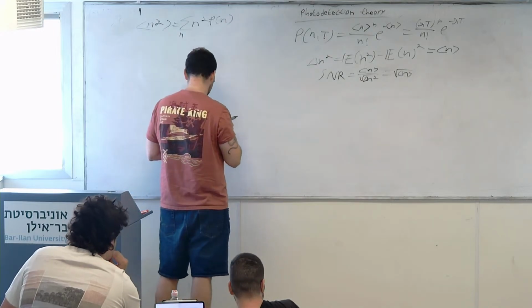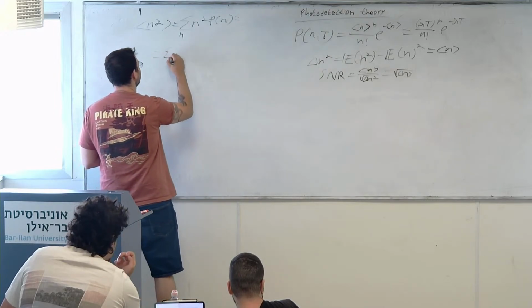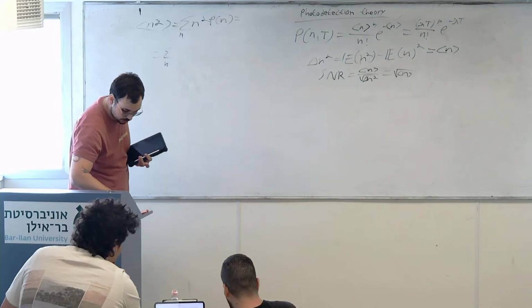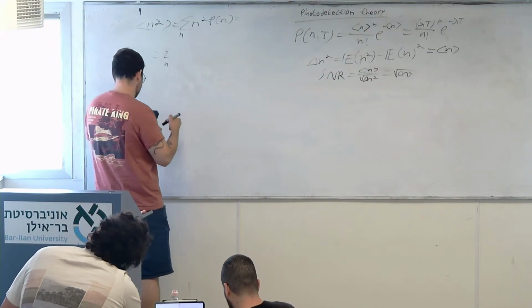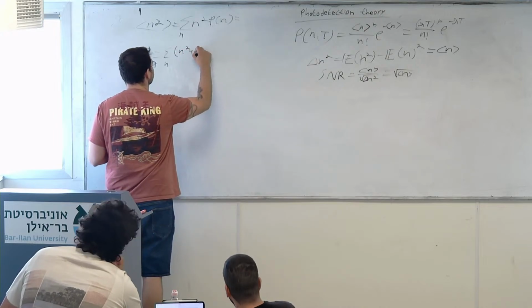Right? I will also arbitrarily here, it's a bad marker, add and reduce an n, so n squared plus n minus n.